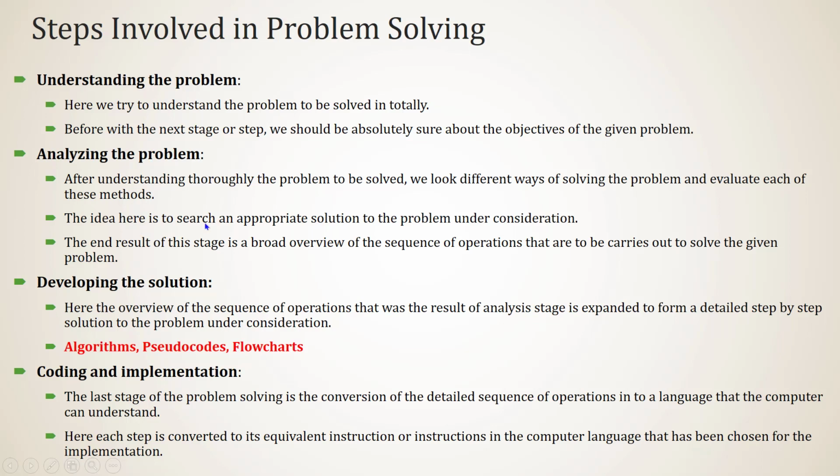The idea here is to search for an appropriate solution to the problem under consideration. The end result of this stage is a broad overview of the sequence of operations that are to be carried out to solve the given problem. So here we get an overall idea about the sequence of operations that has to be included in the program.